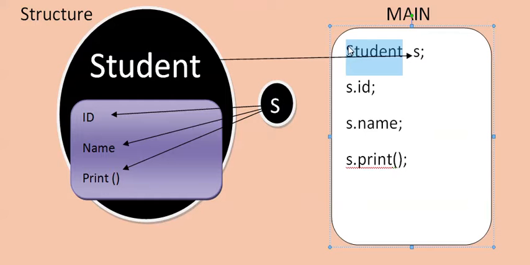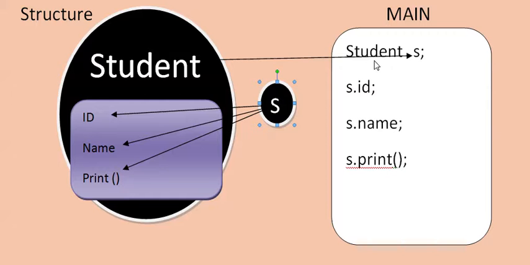When you write the structure name and then your choice, it will create an object, and it will have access to the structure's properties. I have the properties id, name, and print.